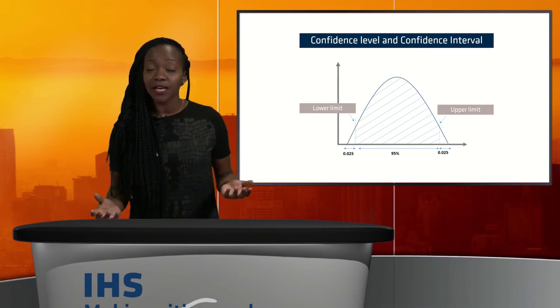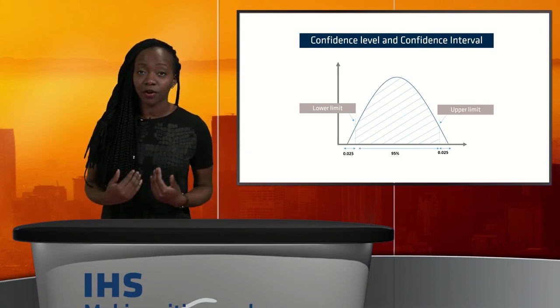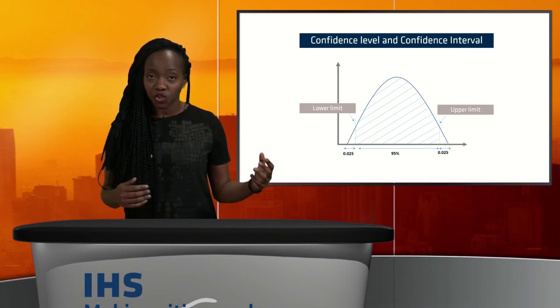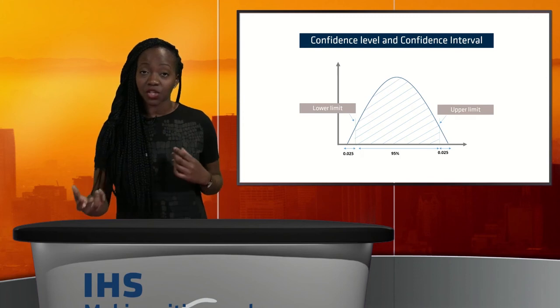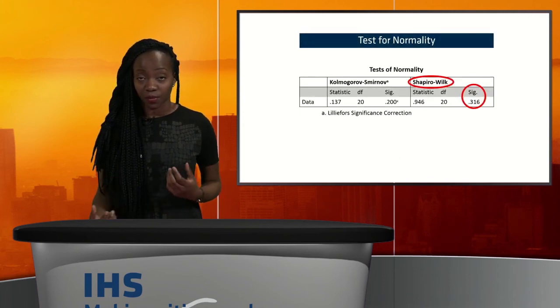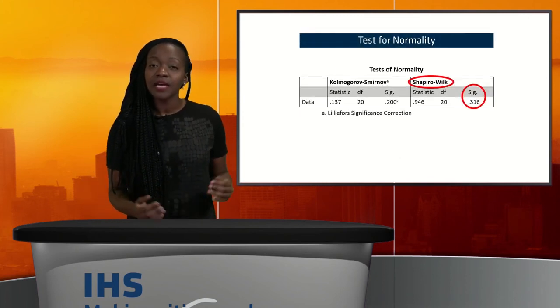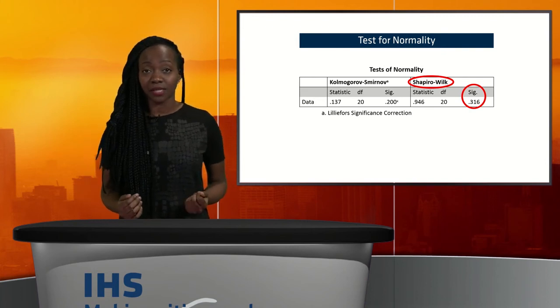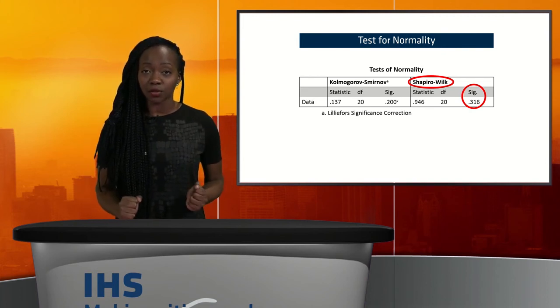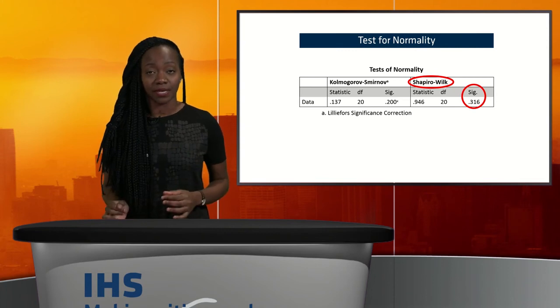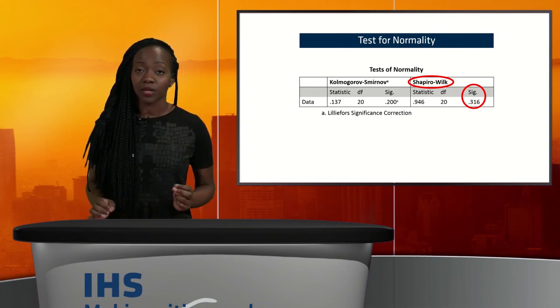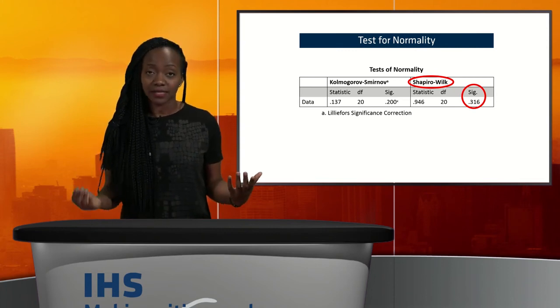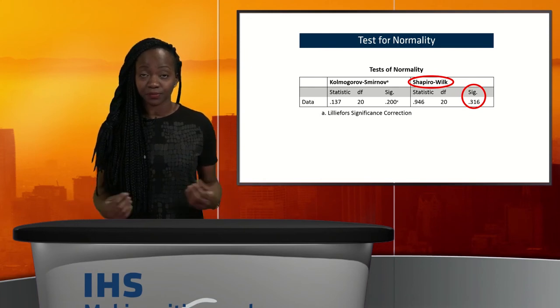In other words, the significance level informs us the degree to which our interpretation of the relationship between variables is correct. In performing the test for normality, we use the statistical output called the Shapiro-Wilk test to determine whether we reject or accept the null hypothesis.